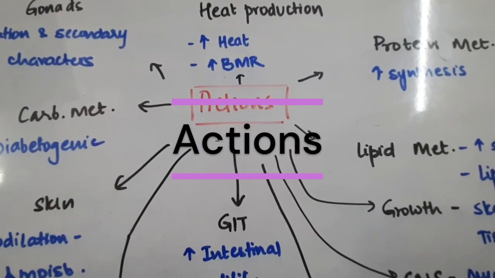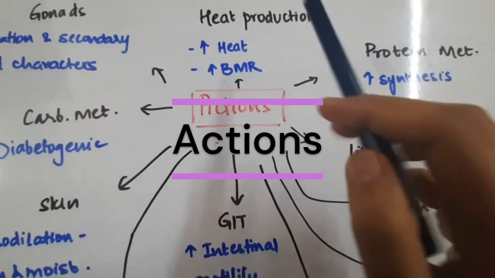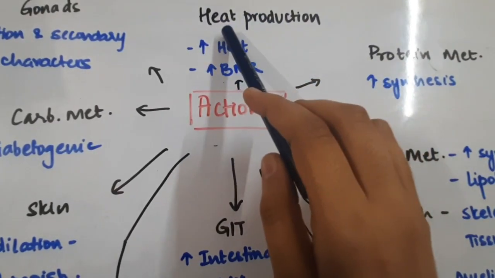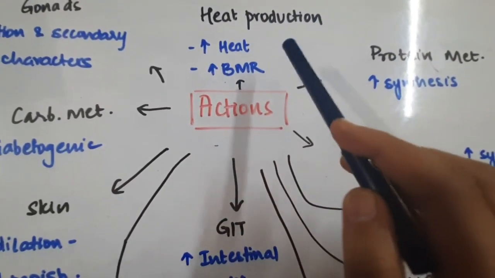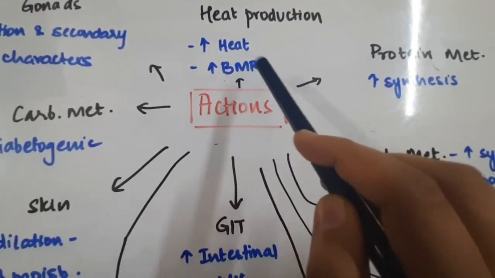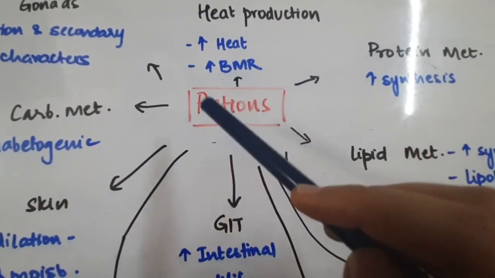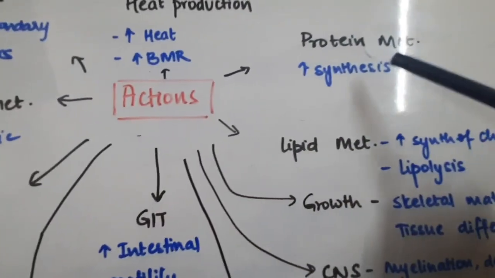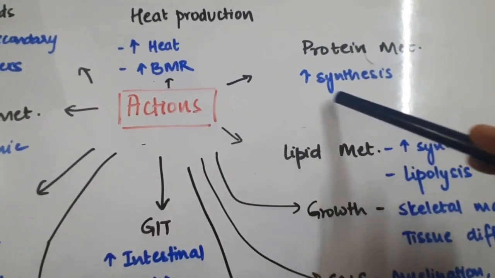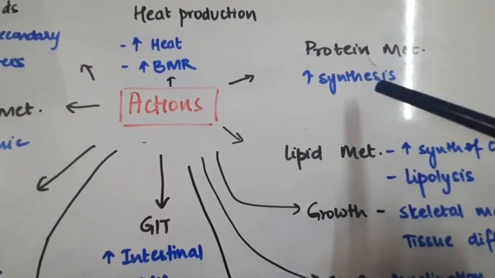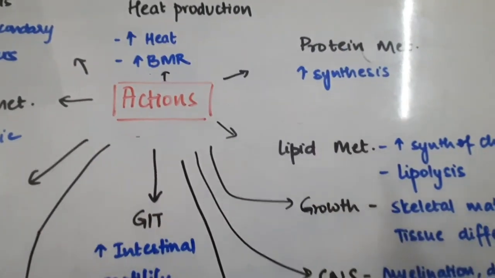Now let's look at the actions of thyroid hormones. Thyroid hormone will lead to increased production of heat and increased basal metabolic rate. So overall they increase heat and metabolism in the body. If we look at protein metabolism, protein synthesis is increased, which means it is protein anabolic.